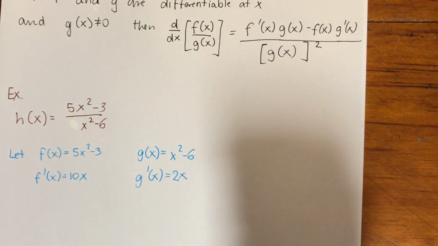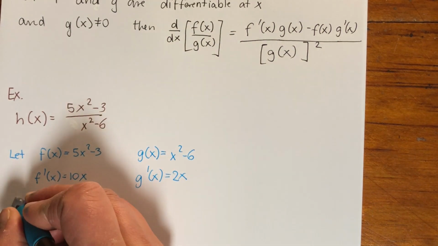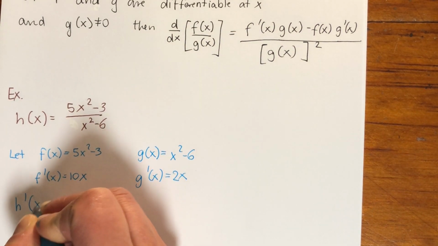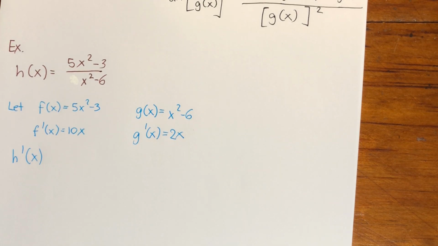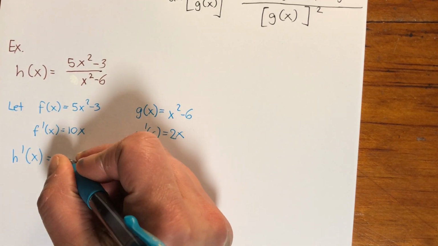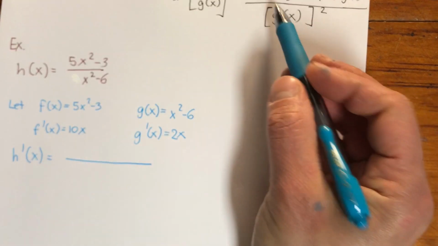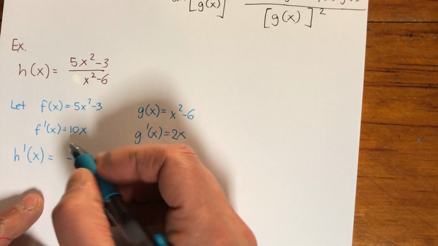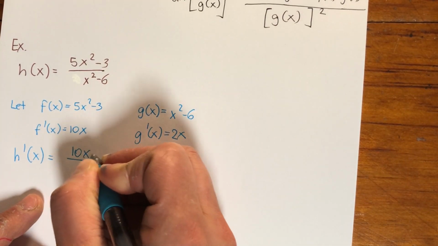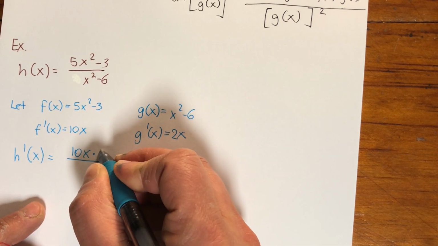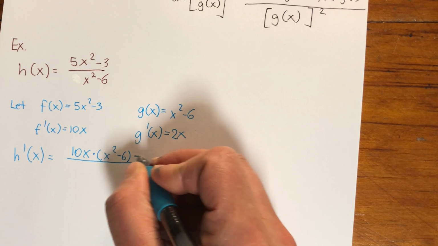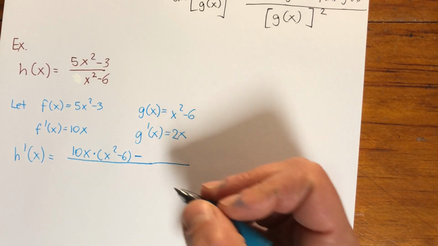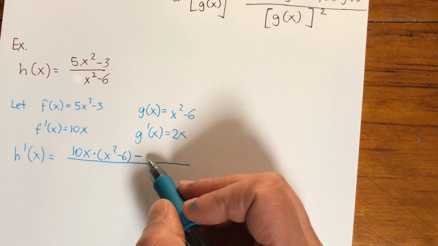So now, I will just write this underneath. The derivative h prime of x is going to be the derivative of the f function, which we found was 10x, times the original g function, which was x squared minus 6, minus, again, very important, we may have to use some parentheses there.